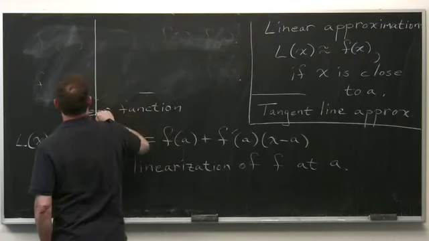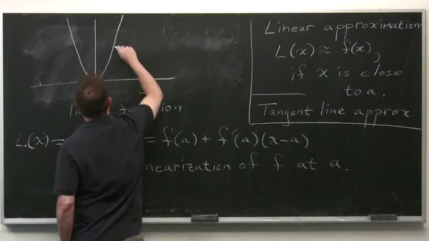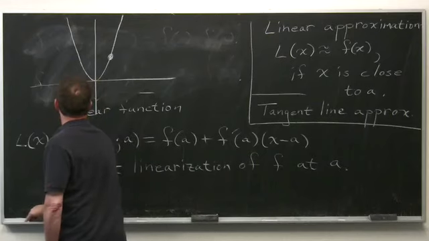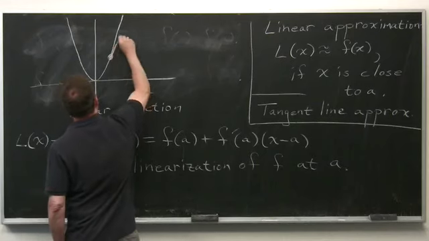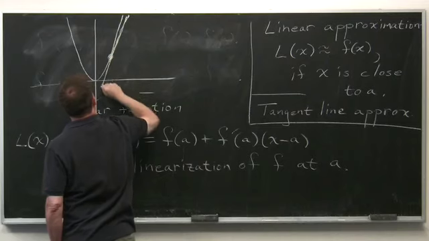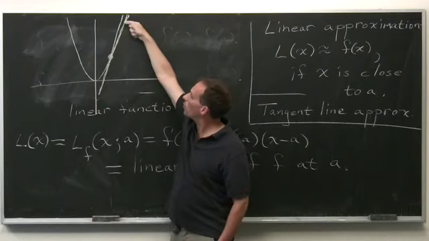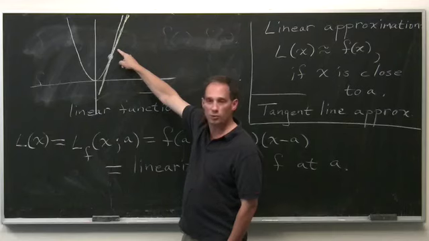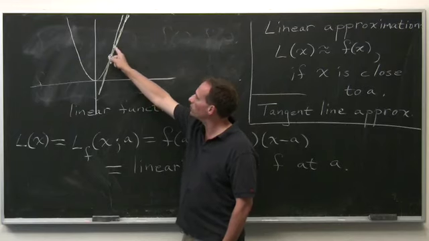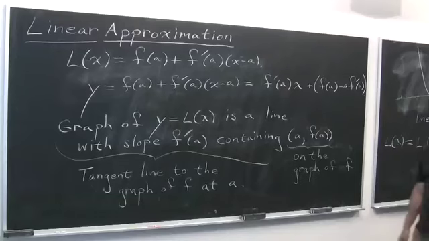If you were to use a parabola, like y equals x squared, and you approximate using the tangent line approximation, then instead of getting the corresponding y coordinate on the parabola at various x coordinates, you'd be getting the corresponding y coordinate on the tangent line. And when you're close to this point, that should be very close to the graph. All right, so that's linear approximation.